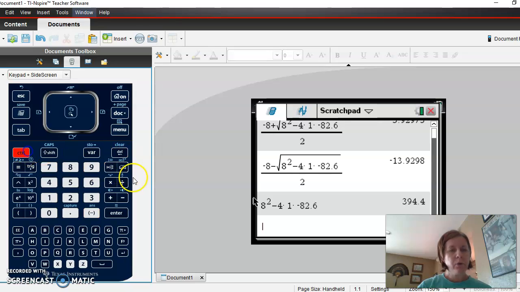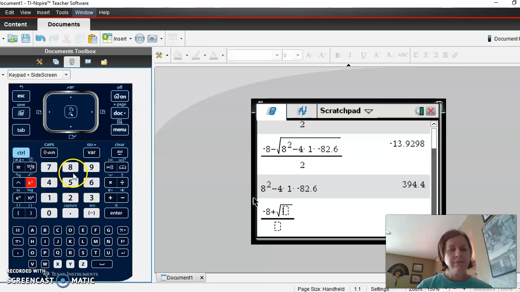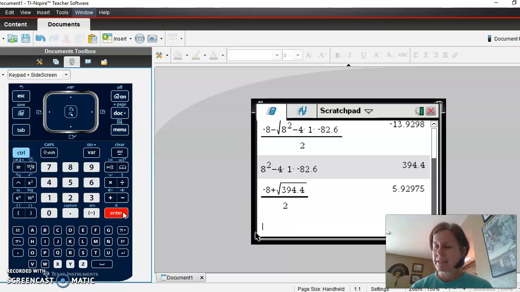Again, really important, make sure that everything in the numerator is being divided by the denominator. Make sure that this whole part, the 394.4, is being divided by 2, because some of us were making the mistake and just dividing the square root part. Okay, so hopefully that makes sense, and just let me know if you have any questions.